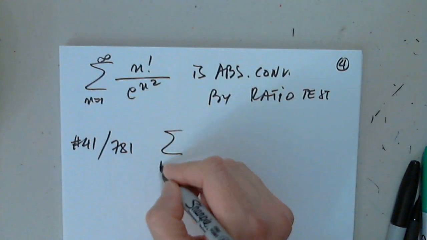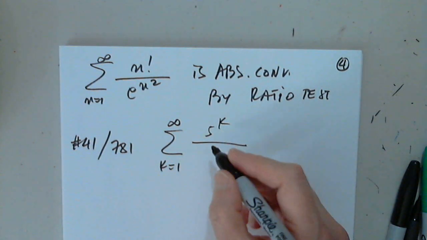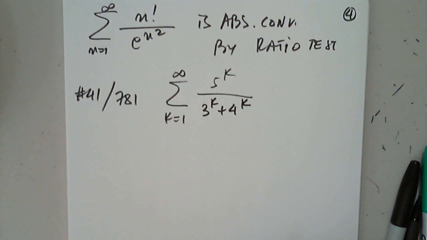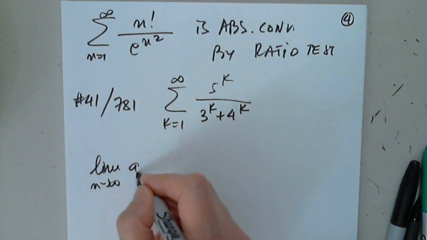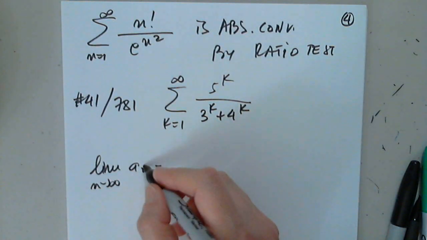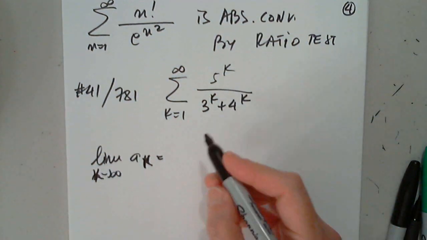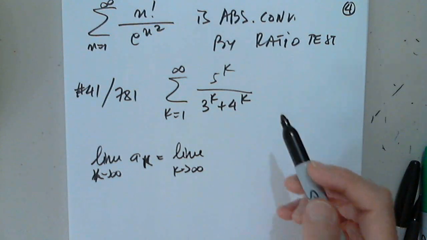And this is the sum from k equals 1 to infinity of 5 to the k over 3 to the k plus 4 to the k. So let's take a look at the limit of a sub n, which is this. So limit as k approaches infinity.